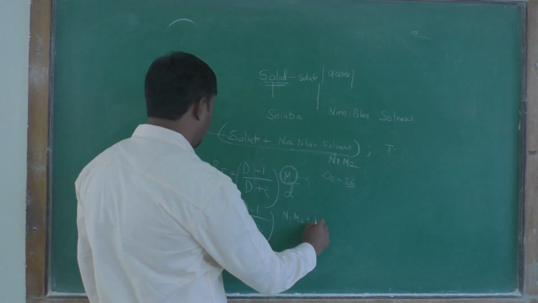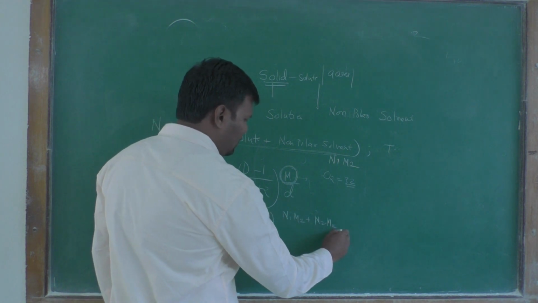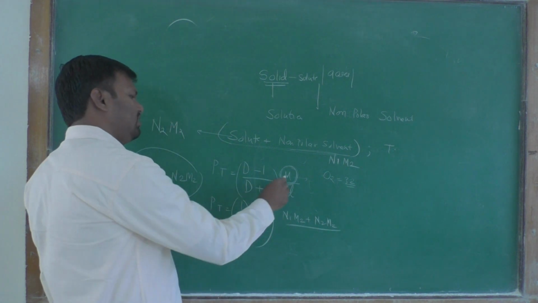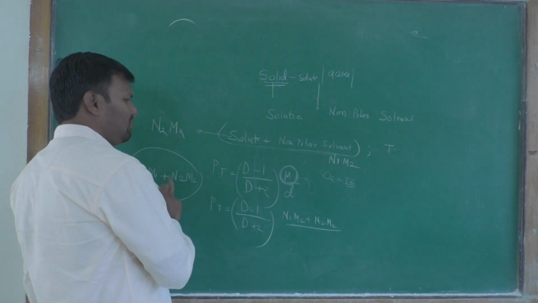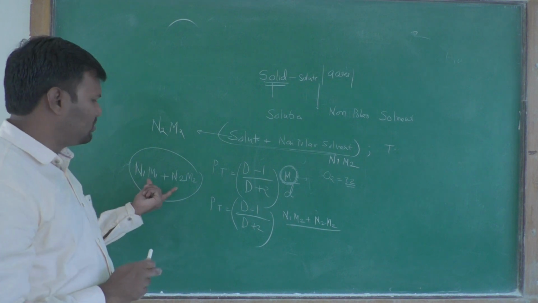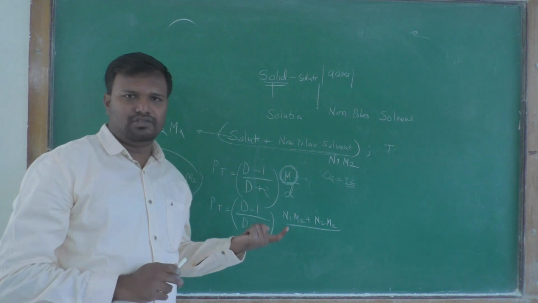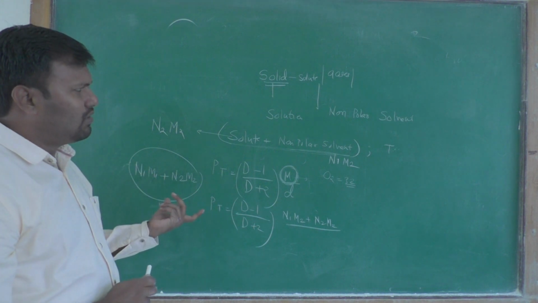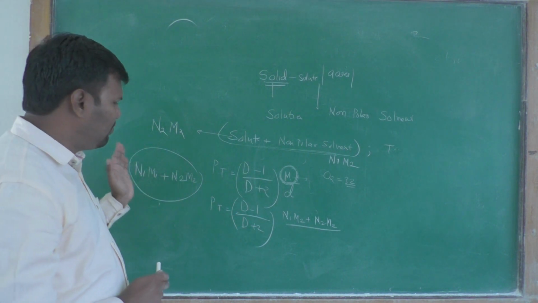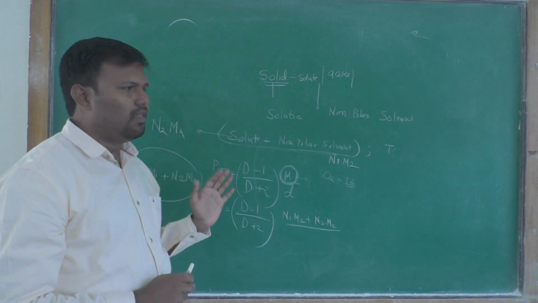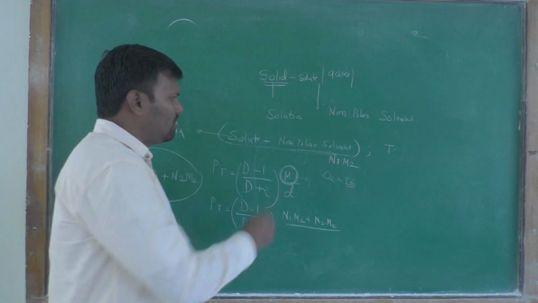Okay, if solution is not there, only one substance, gas or liquid, is there, therefore that is not replaced by this. For only solid substances, because directly we cannot find out the dipole moment for solids, we have to make its solution in a non-polar solvent.